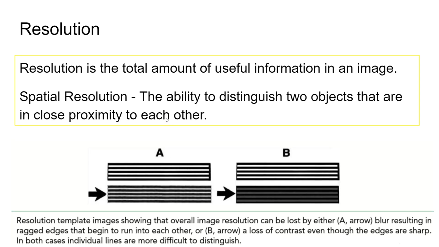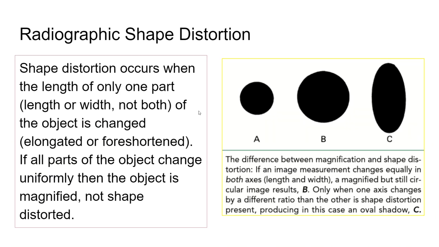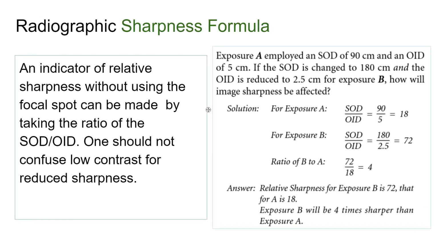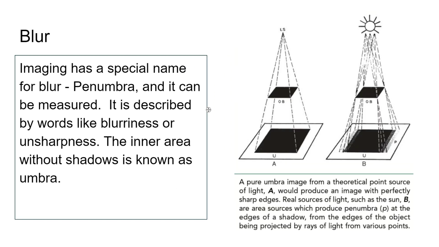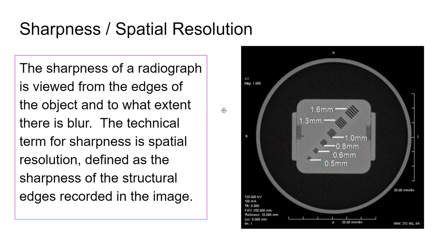So, last two. Resolution, we've talked a little bit about, and here's that definition that I mentioned: the ability to distinguish two objects that are in close proximity to each other, right? I know I'm wasting time, but if we went back to this, right?